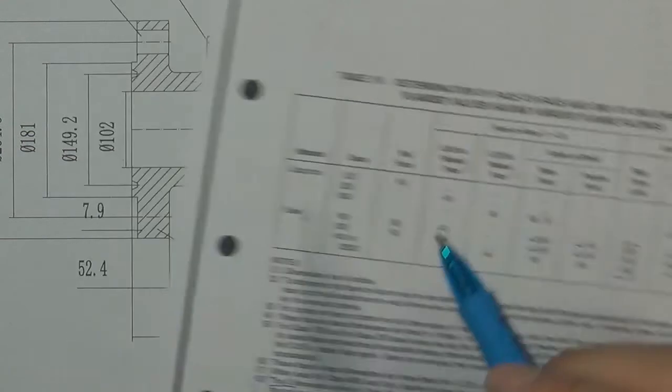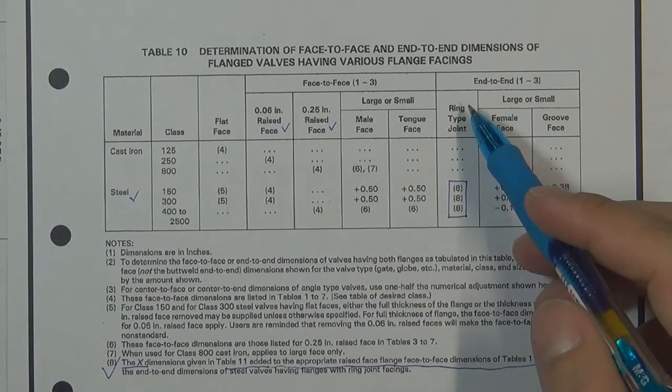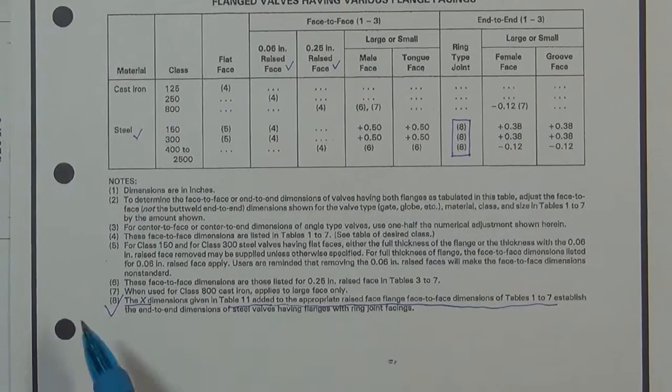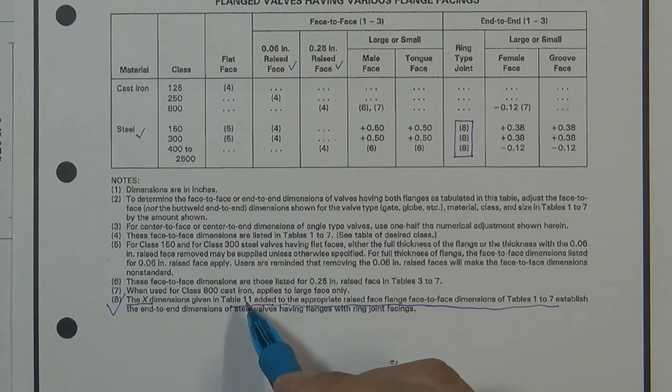We talk about this ball valve, which is RTJ face. So the RTJ face is described in note 8. In note 8, it already taught us we need to find the X dimension. The X dimension is located in table 11.